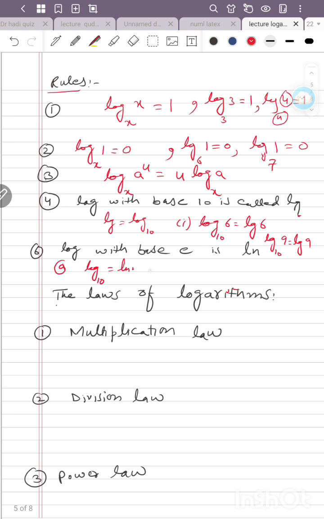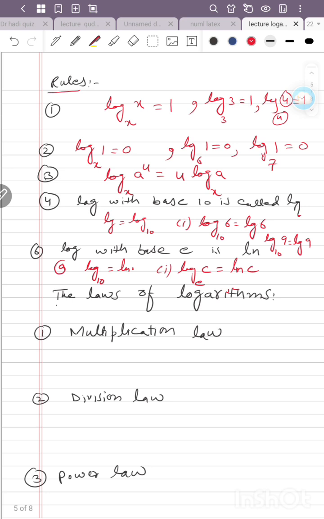We have another little piece of information: if you have log base e of c, you can write it as ln c.